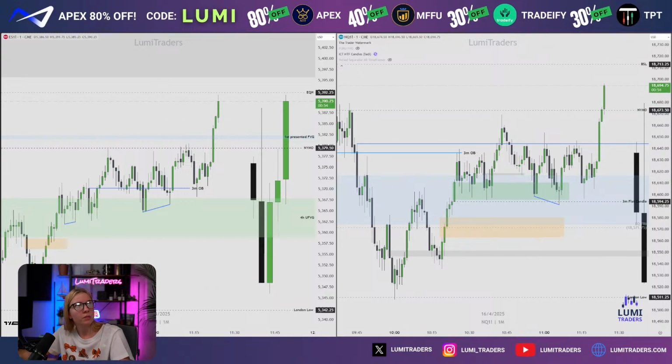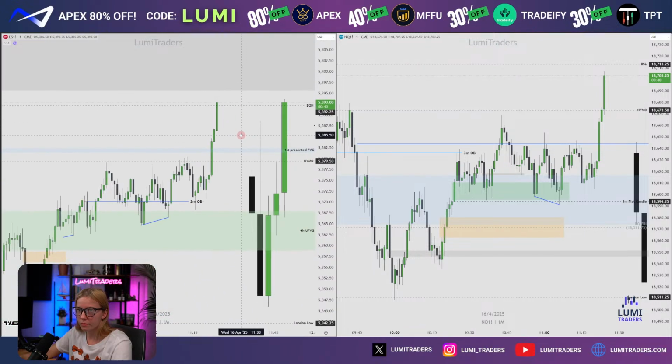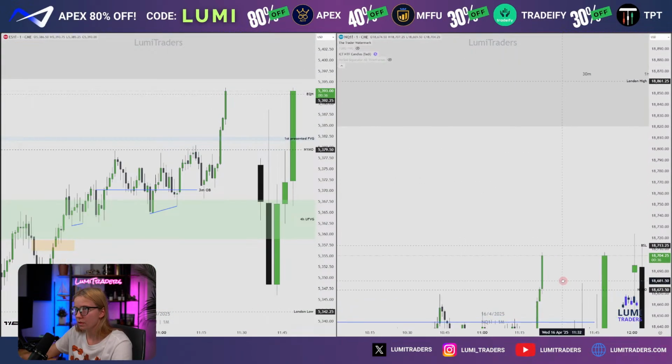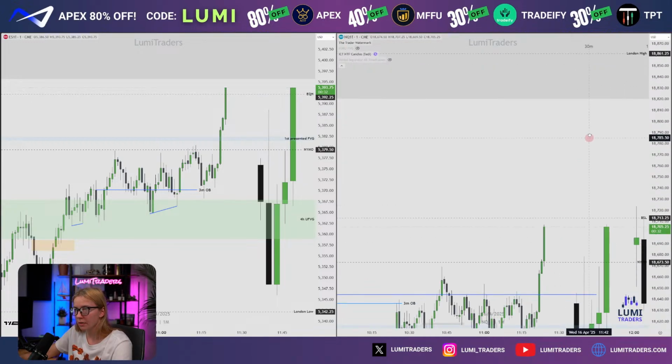Took buy side liquidity, basically the 9:36 a.m. high. Yeah, going to this buy side liquidity right now. Okay, I was wrong. We have London high higher, and we have top of new day opening gap higher as well.